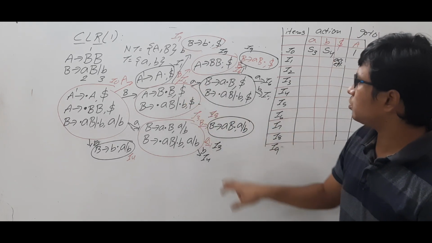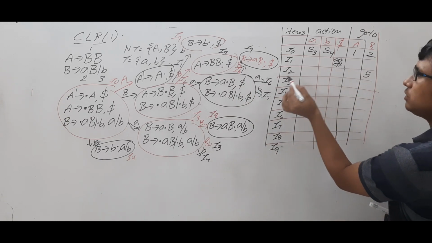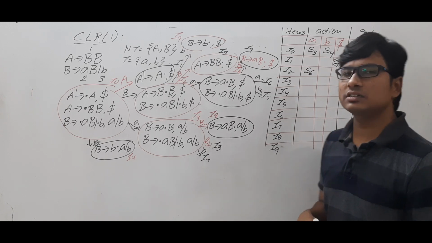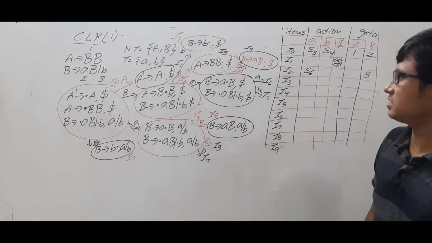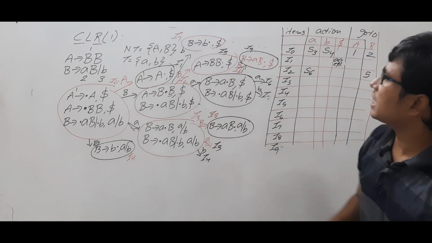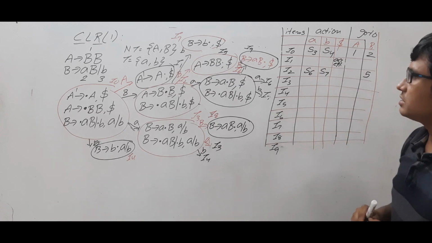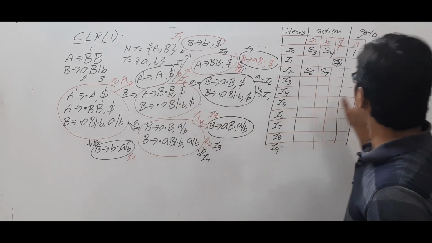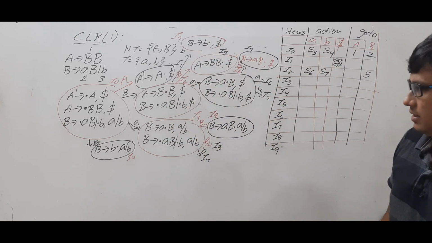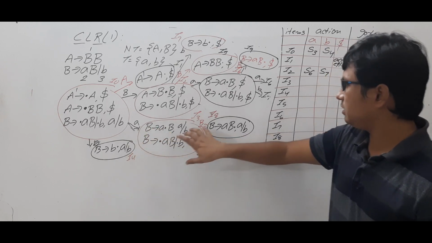Now I2 on small a, I went to I6, because a is a terminal, so I have written shift 6. Now I2 on small b, it was I7, so on small b it is S7. Is it clear?